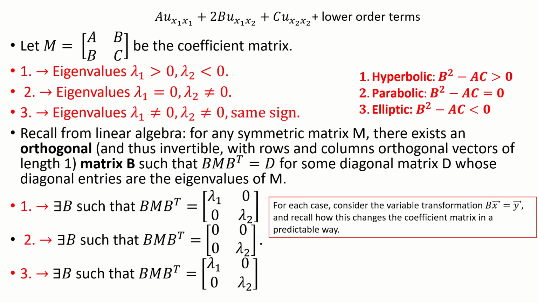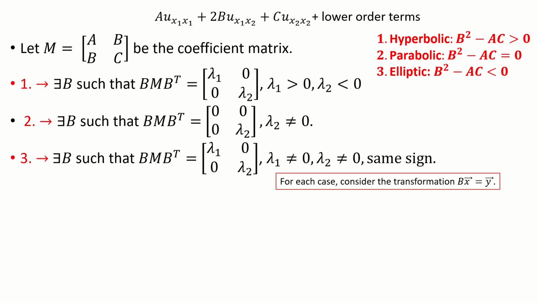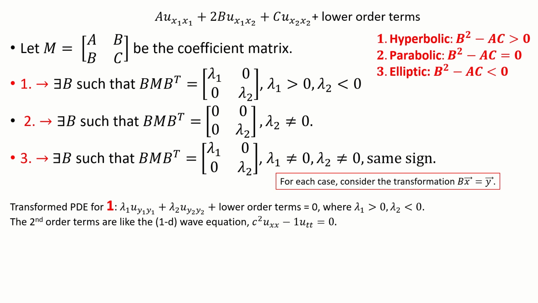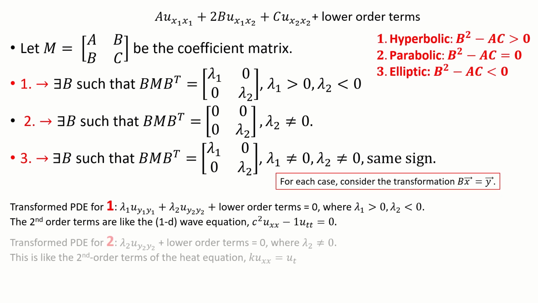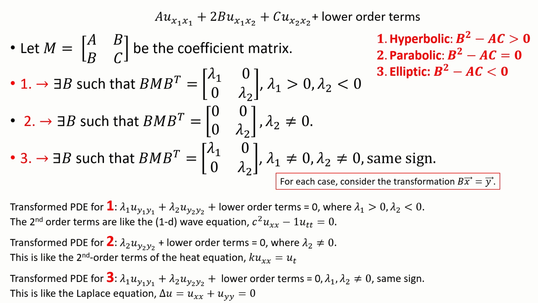As an example of this, for the hyperbolic PDE, we transform into the following, which just means that the second-order terms can be made to be like those of the wave equation. And the parabolic PDE transforms so that the second-order terms are like those of the heat equation. Finally, if we have an elliptic PDE, we can transform it so that the second-order terms are like those of the Laplace equation.